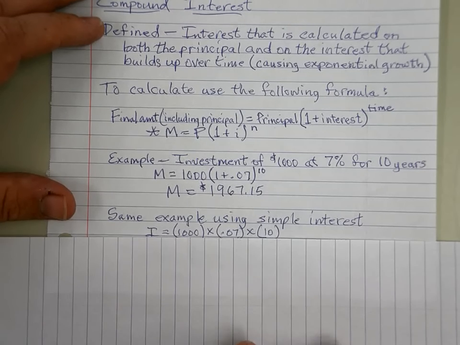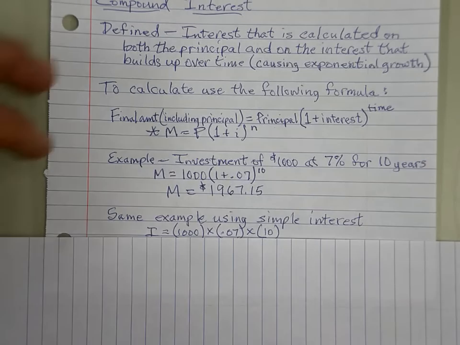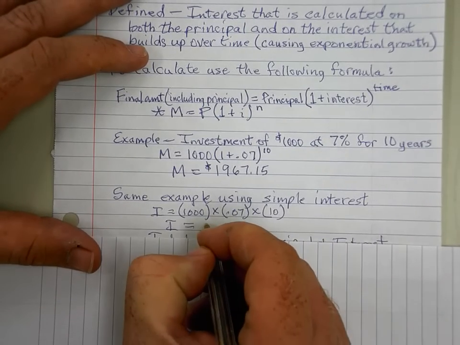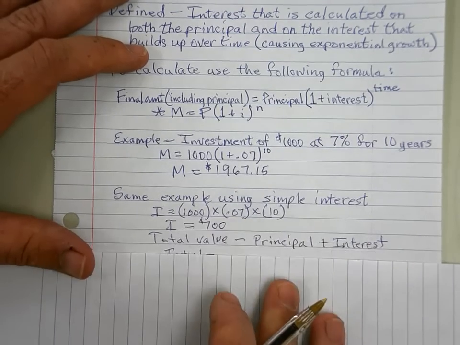If you had only used simple interest, if we use that same exact example and only use simple interest, remember, that's just principal times rate times time. Now we're not getting an exponent here. It's just the actual number 10 instead of an exponent.